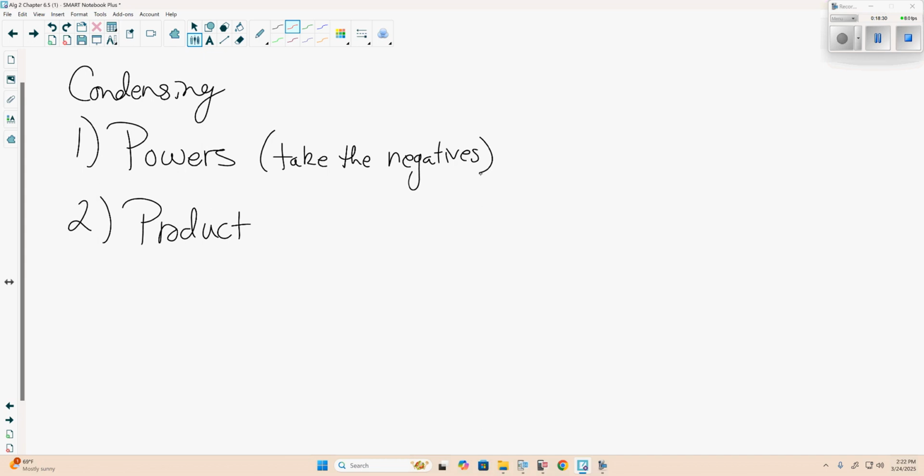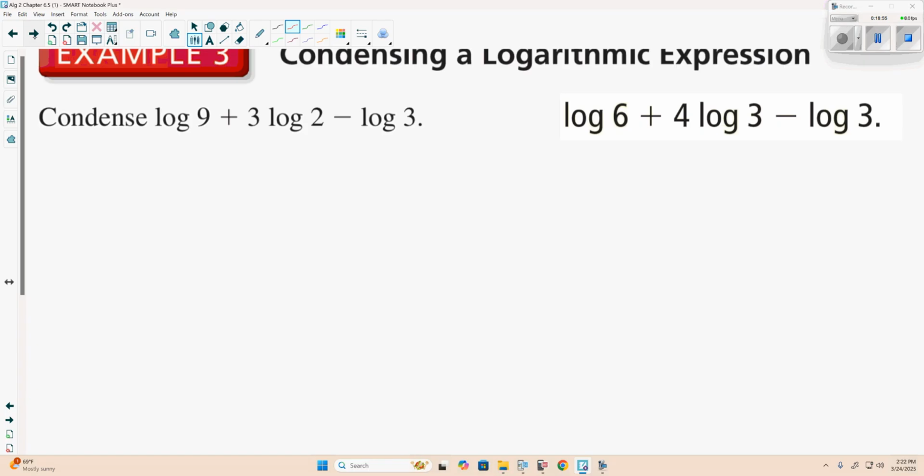As a part of our power step, we're going to take the negatives back into exponents, even if that means that we have an exponent of -1. It's going to make it a little bit nicer. It's going to remove the quotient step, and we're only having to worry about powers and products. It's going to make a little more sense when we see it here, and especially if we have more than two terms.